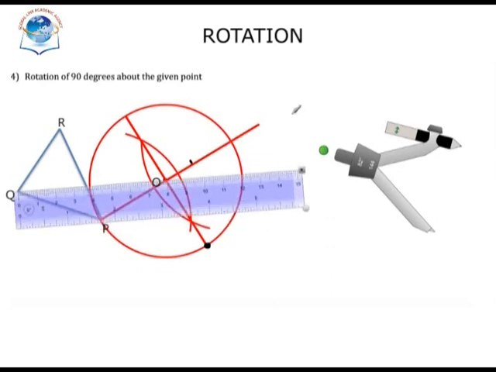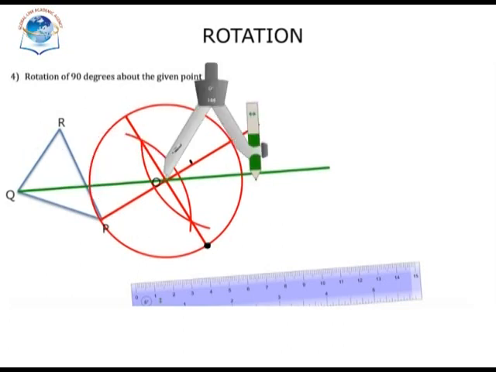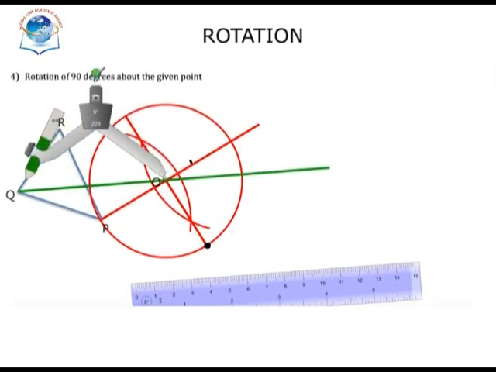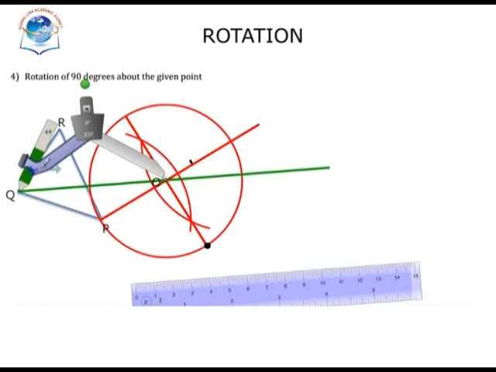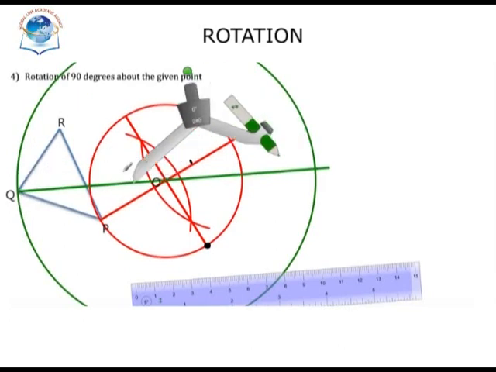Join Q to O. We use green. Next is to measure that distance QO. Not yet. There. That's okay. And draw the circle. We now bisect the line.